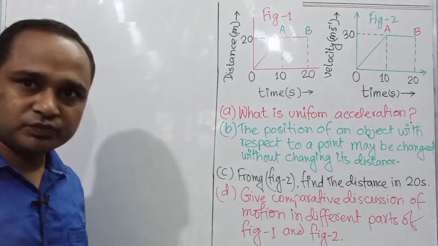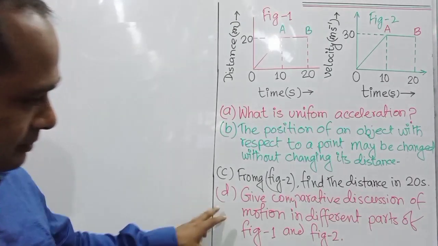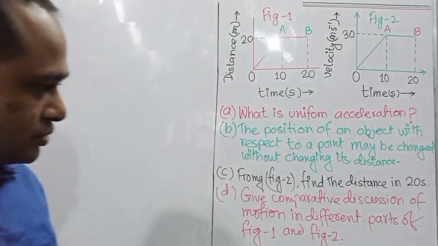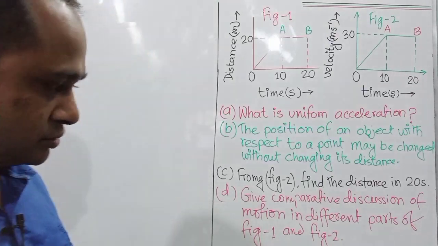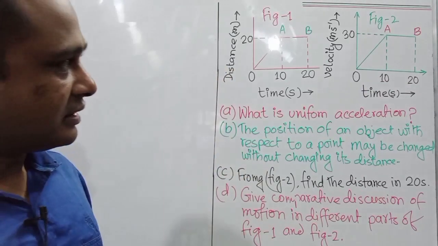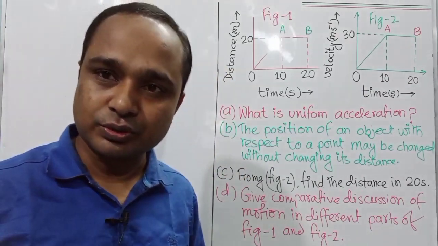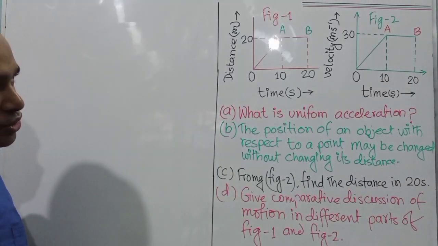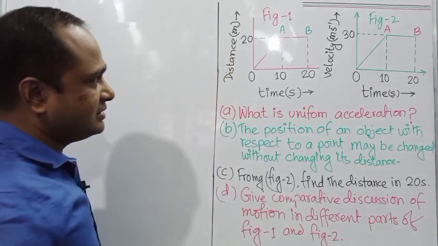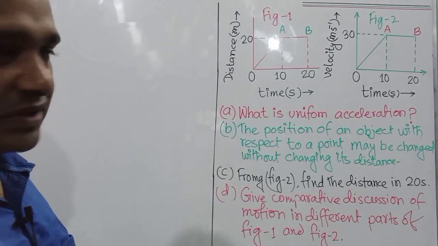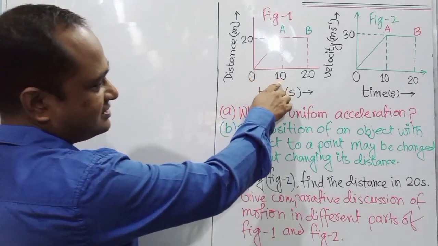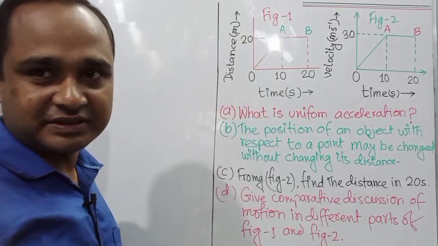Now we are going to solve question number D. In question D, they said that we have to give a comparative discussion of motion. We have to discuss the characteristics of motion of the body described by figure 1 and figure 2. In figure 1, the distance of the body is changing with time, and for the first 10 seconds the distance of the body is increasing.